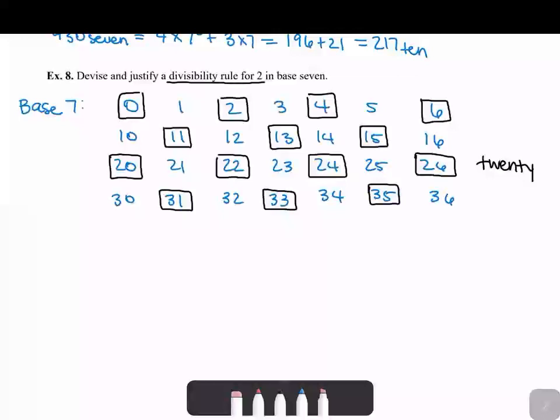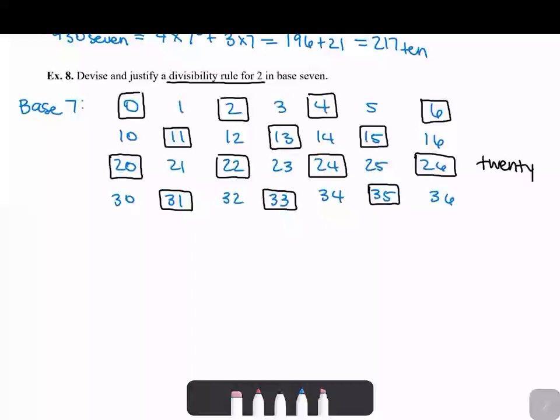But then we get into 1, 1, 1, 3, 1, 5, and the values on that row all end in an odd digit. 1, 3, 5, and then we're back to 0, 2, 4, 6, 1, 3, 5. So think about it. There can be a lot of different patterns that you notice here, just like in chapter 1.